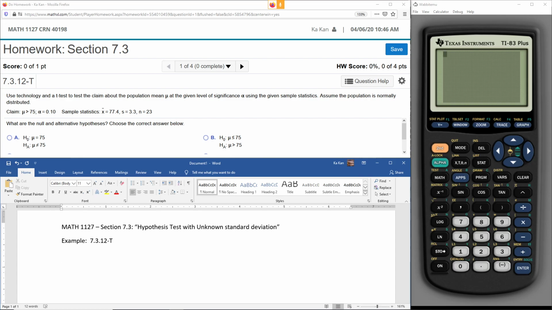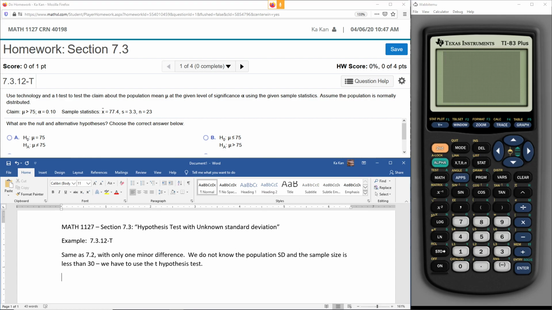It's the same as 7.2 with only one minor difference, and that is we do not know the population standard deviation, and the sample size is less than 30. That means we have to use the T hypothesis test.